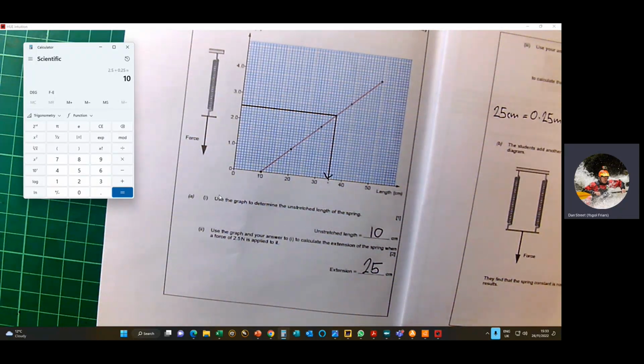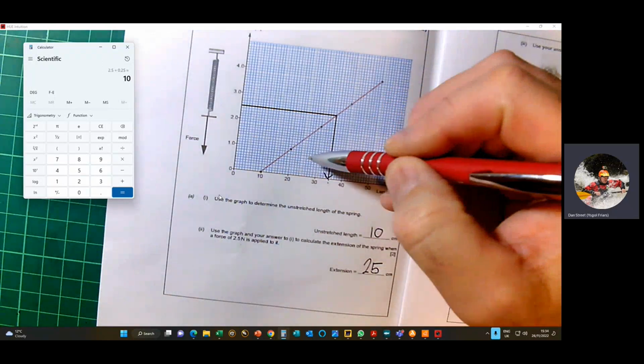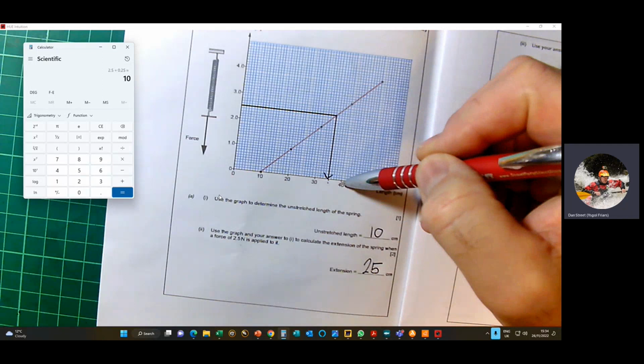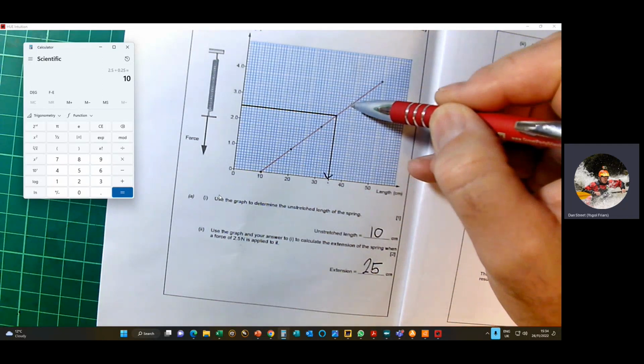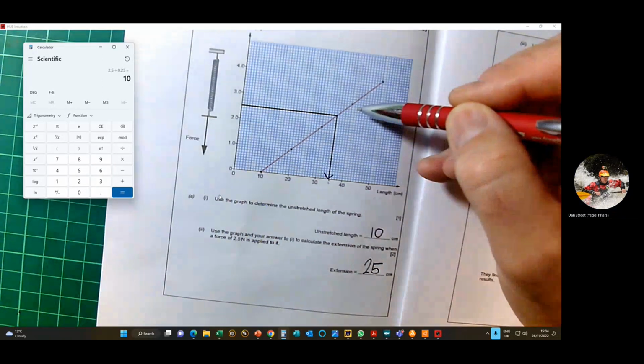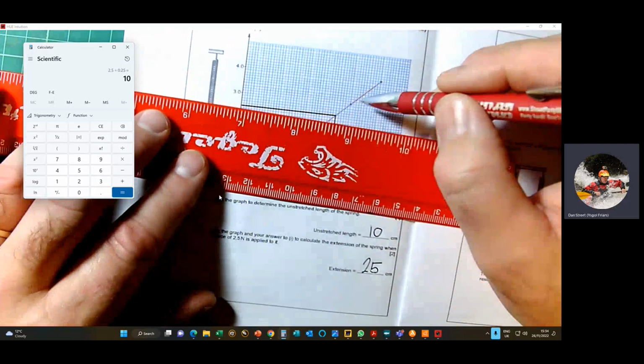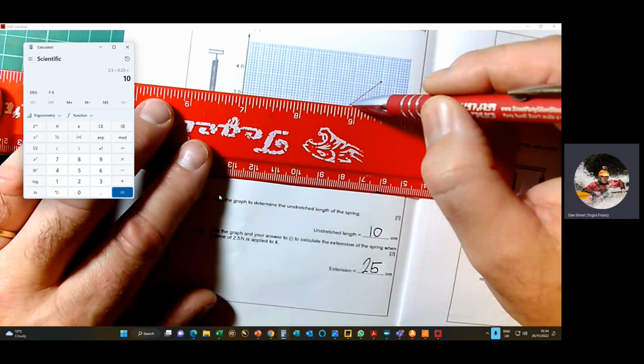So if we take, for example, a length of 40, to get the extension of 40 centimeters, it took, actually no, 40 is going to be too much because it's not going to fit on our graph, is it?